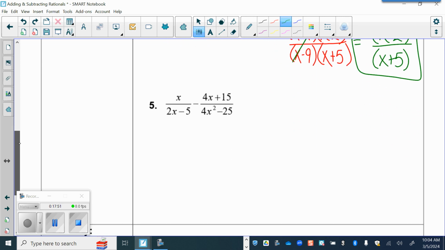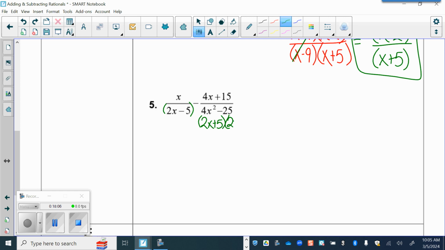All righty, last one, right? This one doesn't factor, so I'm going to put parentheses around it. This one does: 2x plus 5, 2x minus 5. So that's the common denominator. The first fraction is missing the 2x plus 5.